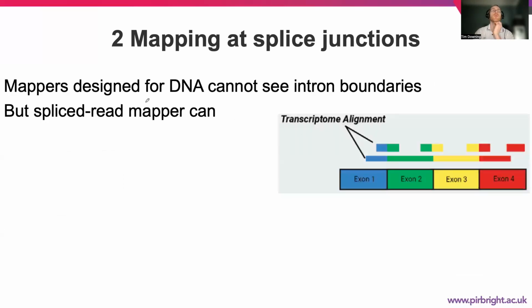So we know that some mappers that typically map DNA reads to genomes can't see intron boundaries, but a splice-aware read mapper can consider these boundaries here between blue and green, and so on.